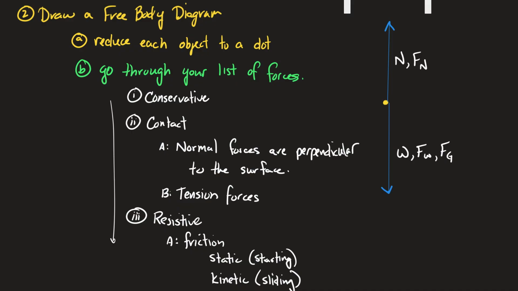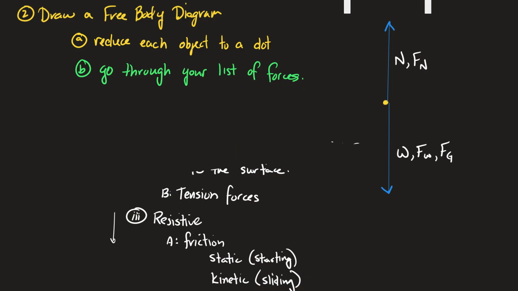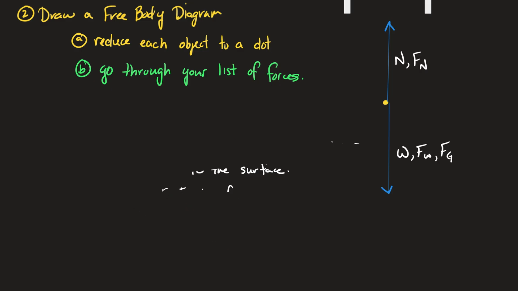All right. So the next thing to do, and this part is every bit as important as everything else we've done, even if it's a little ridiculous for this. After you've gone through your list of forces, the next thing you have to do is apply a coordinate system that you can use to break your forces up into components.